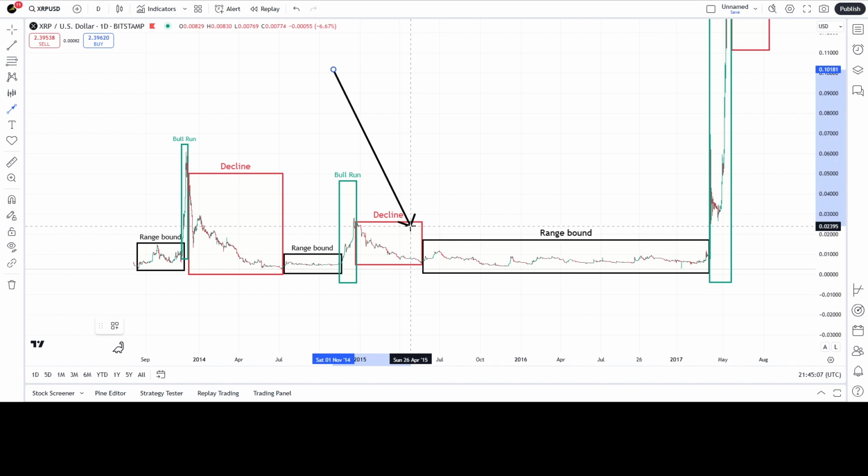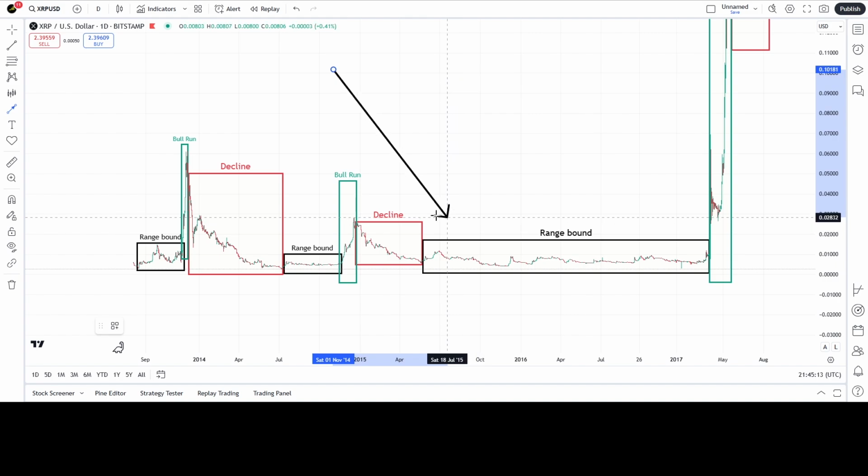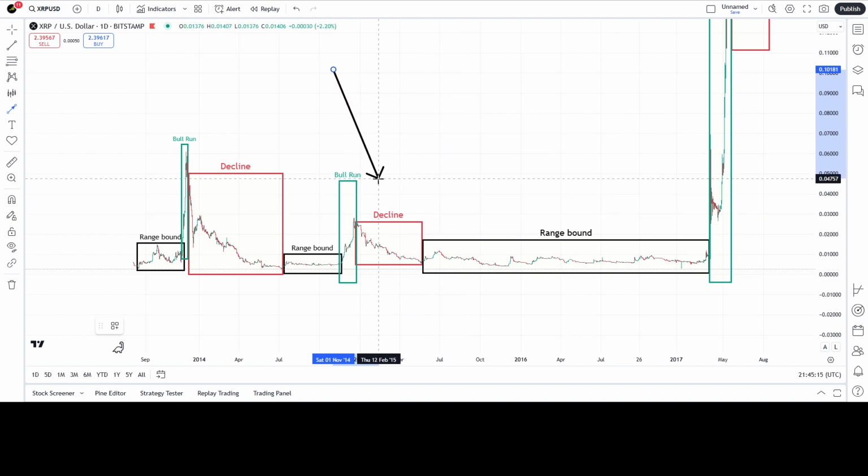Before we do that, I want to point out that every single one of these structures, in other words, the range-bound time, the decline, the bull run, they actually all have repetitive parts to them. They look different, and that is because when the pattern repeats, the timing, height, and depth do not copy over.